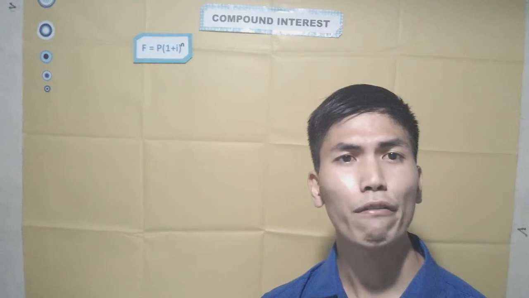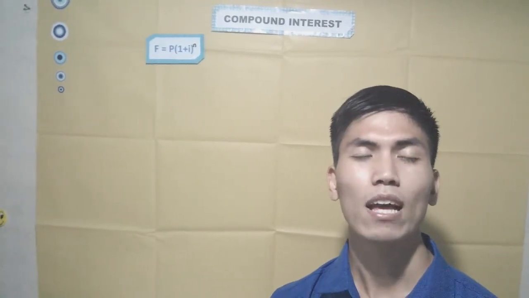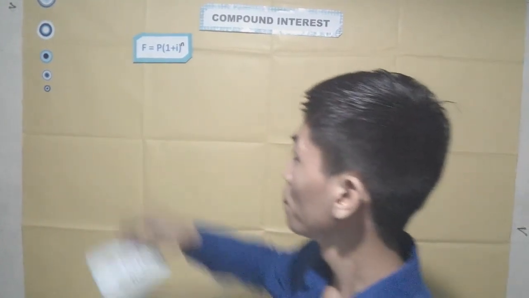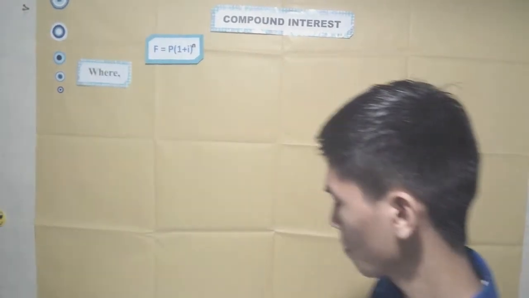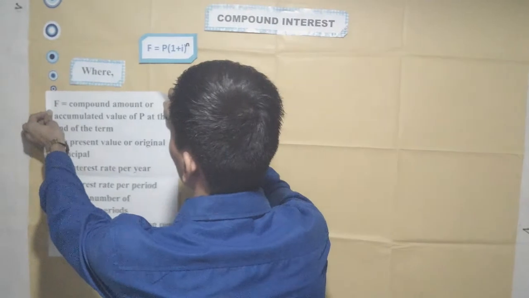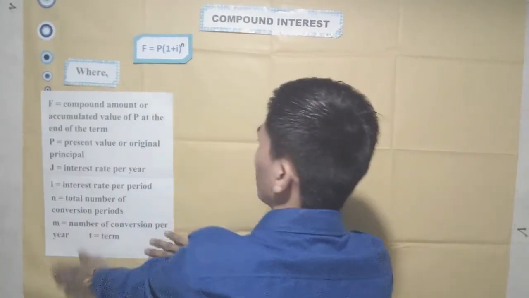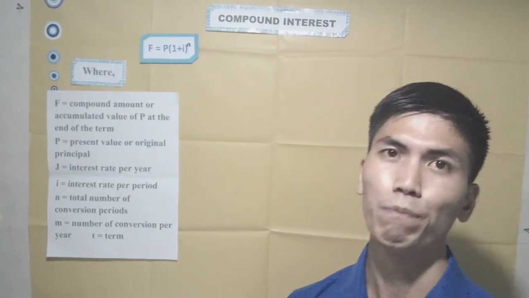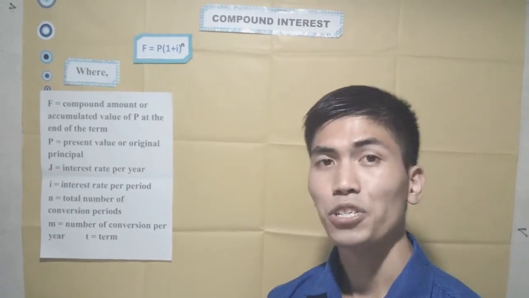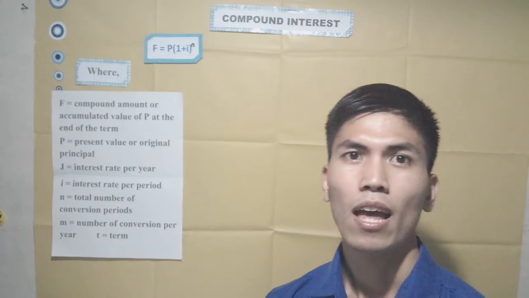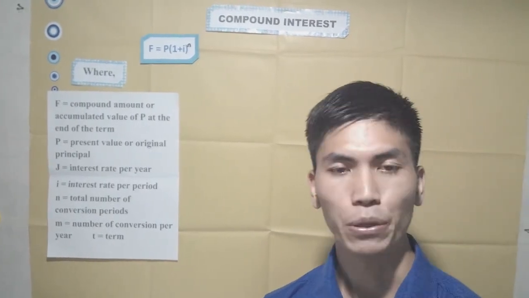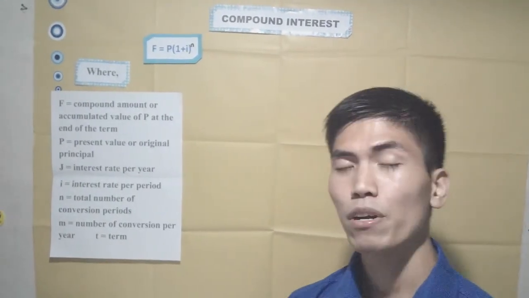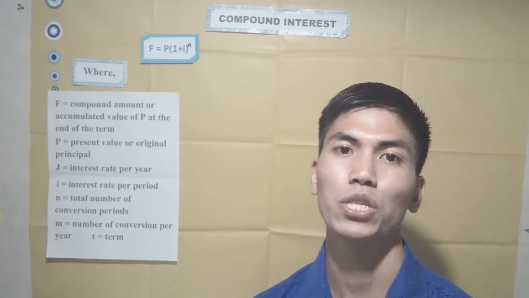The formula is F equals P open parentheses 1 plus i close parentheses raised to the power of n, where F is equal to the compound amount or accumulated value of P at the end of the term, j is the interest rate per year, i is the interest rate per period, n is the total number of conversion periods, m is the number of conversion periods per year, and t is the term.